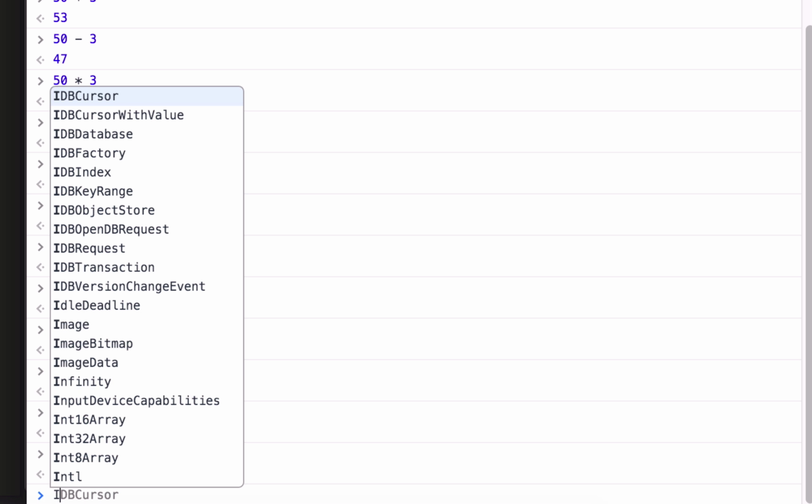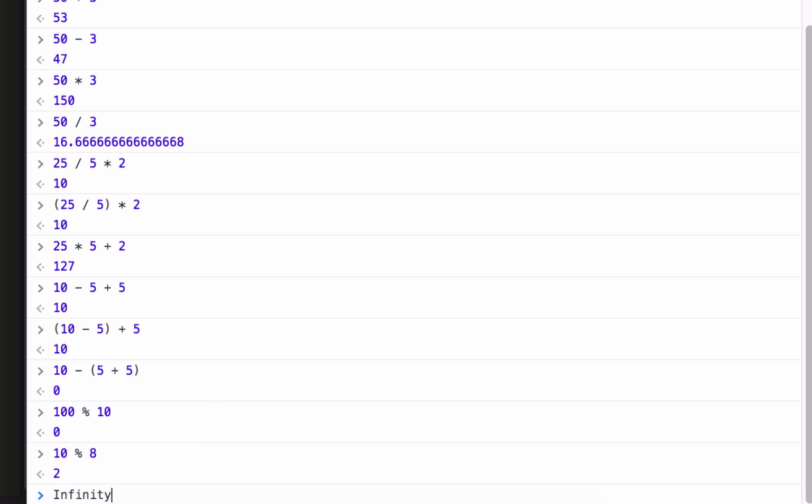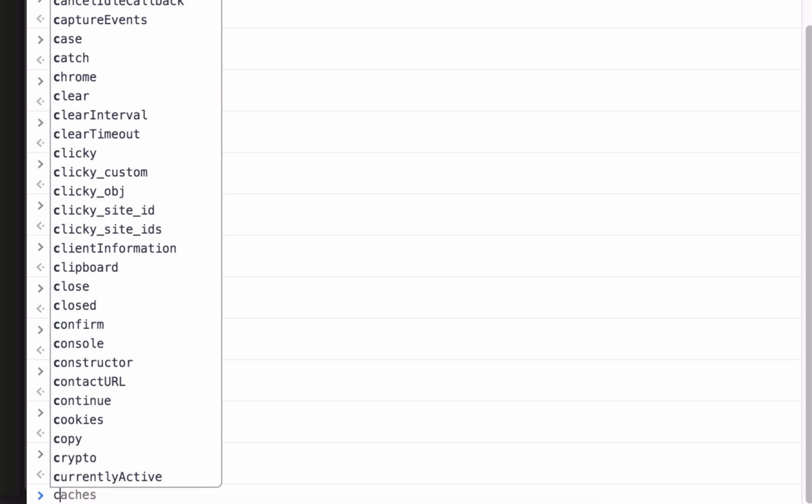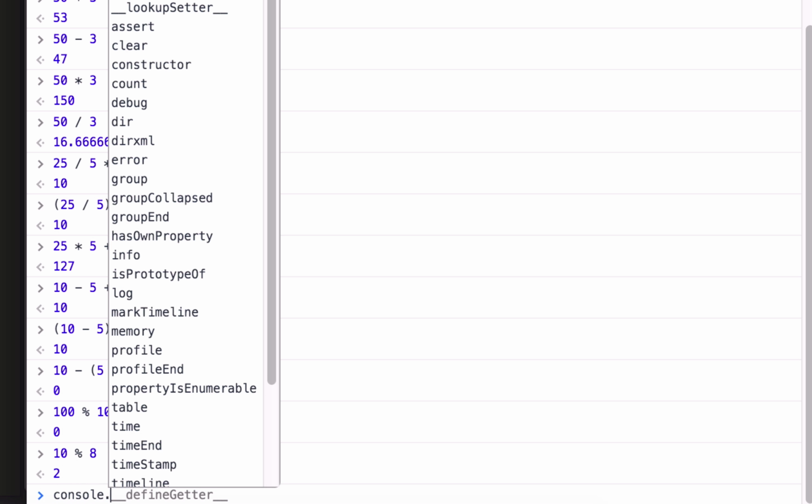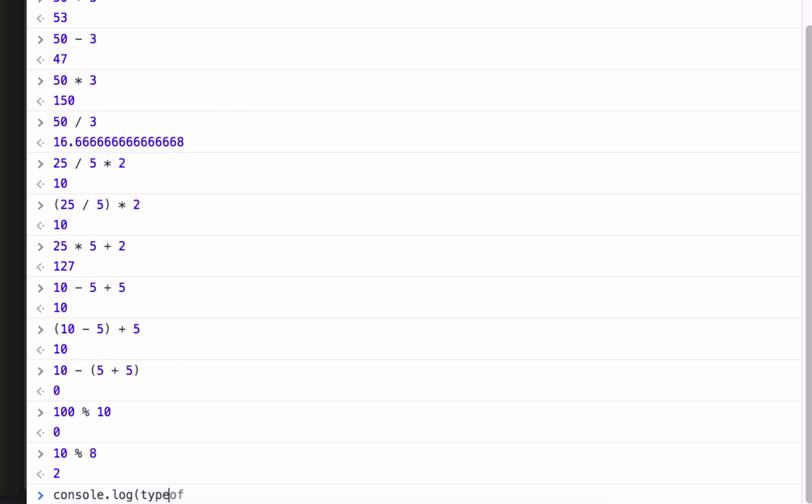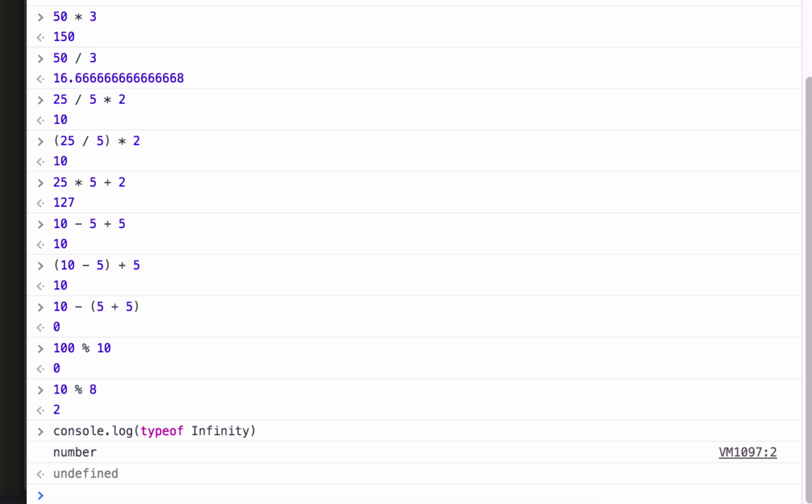So the next one is infinity, and this is kind of self-implied. Infinity is technically a number type. So if we were to console log and ask JavaScript what is the number type of infinity, it is technically a number, but it doesn't represent an exact number.